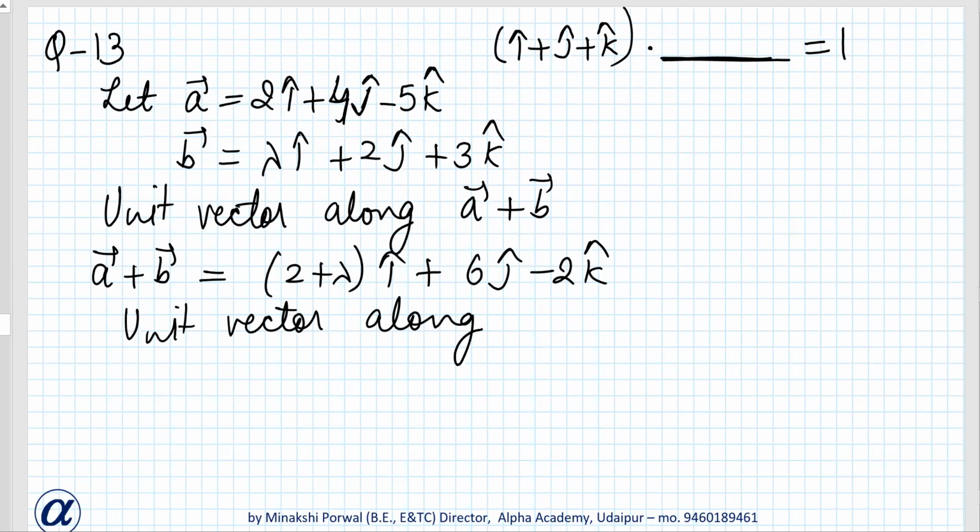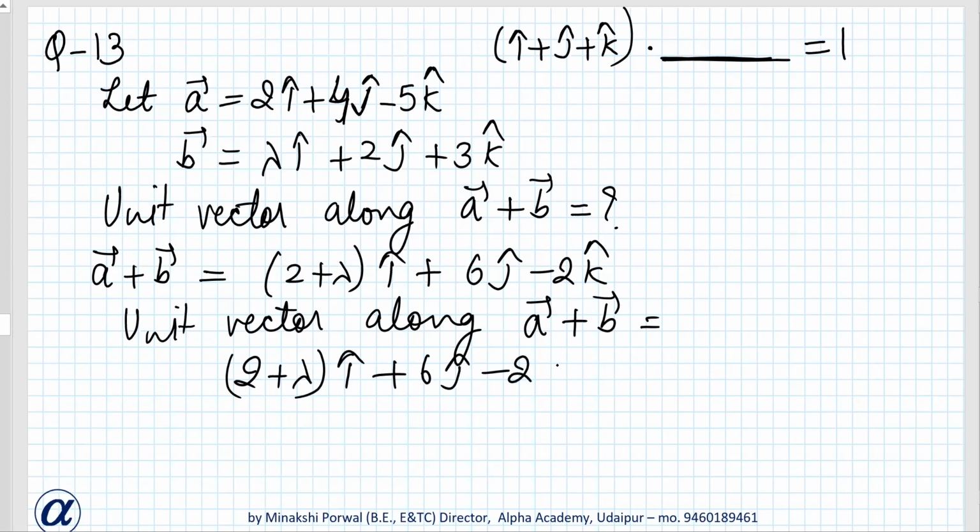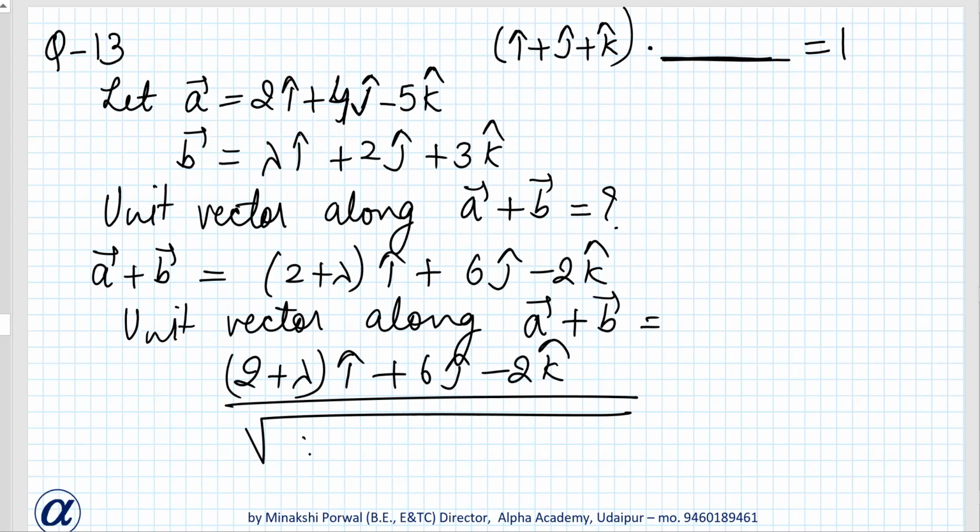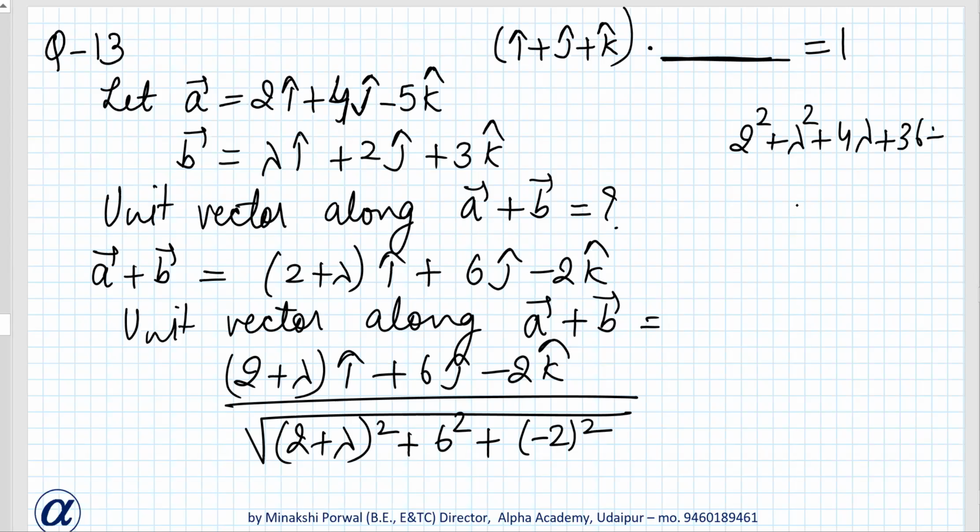So A plus B is this. The unit vector along A plus B will be 2 plus lambda i cap plus 6j cap minus 2k cap upon under root of 2 plus lambda the whole square plus 6 square plus minus 2 the whole square. 2 plus lambda the whole square means 2 square plus lambda square plus 4 lambda, plus 36 plus 4, that is lambda square plus 4 lambda plus 44.